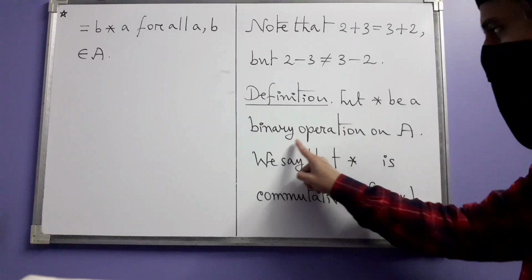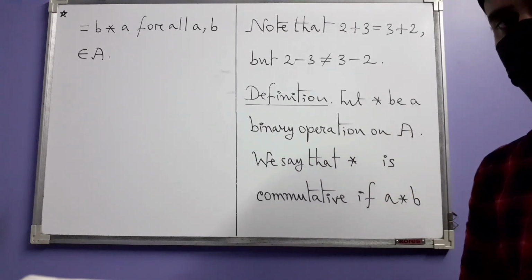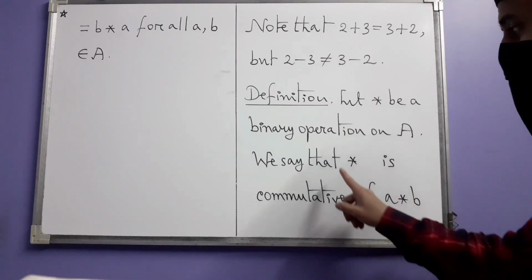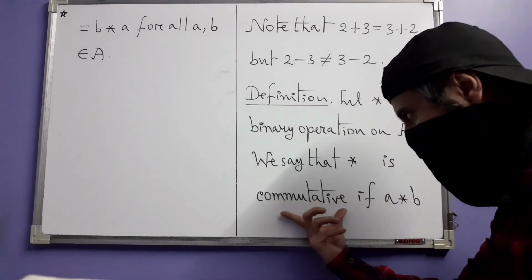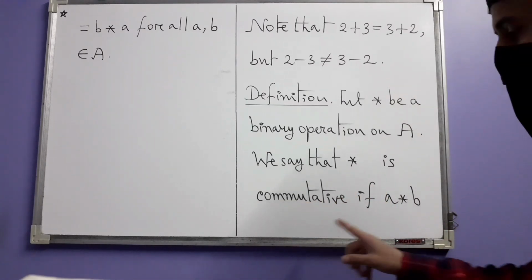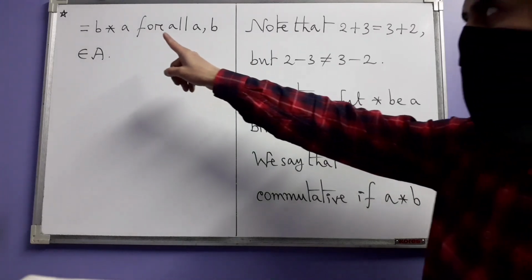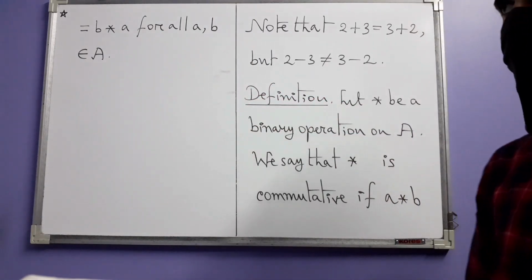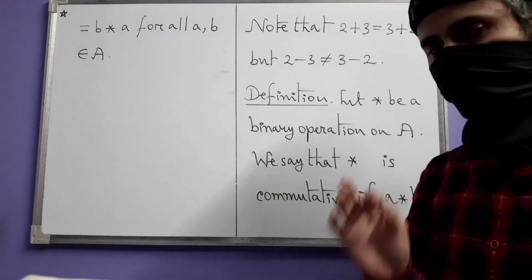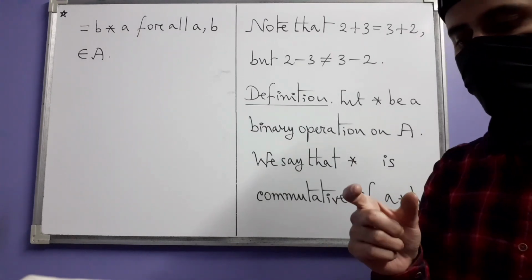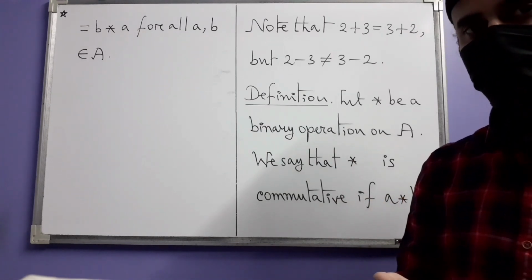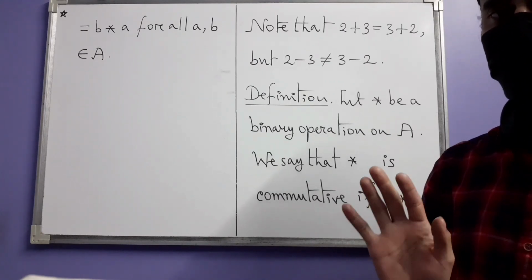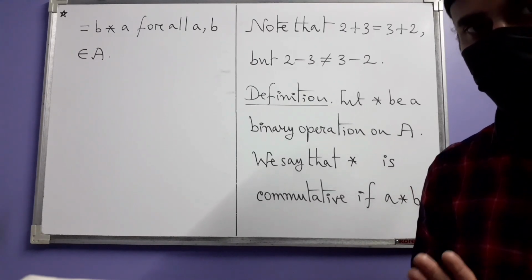Let star be a binary operation on the set A. On A means A is a non-empty set, that's understood. Then we say that star is commutative if A star B is equal to B star A for all A and B in A. That means if you apply the function star on the two ordered pairs A comma B and B comma A, then you will always get the same result no matter what the elements A and B are.